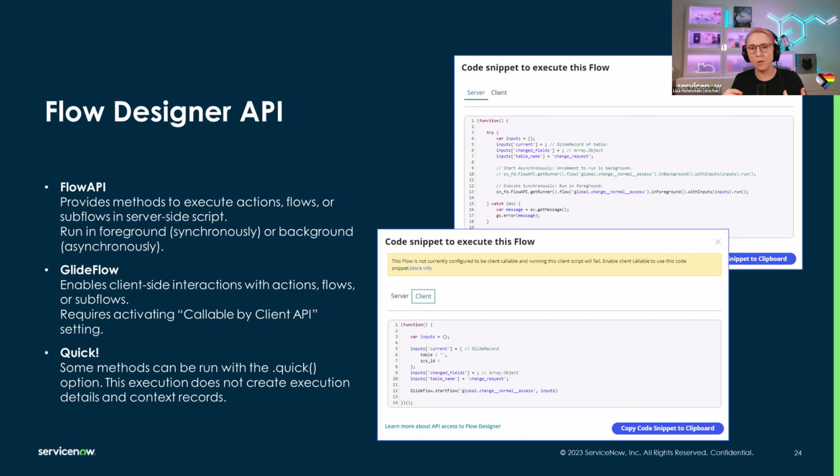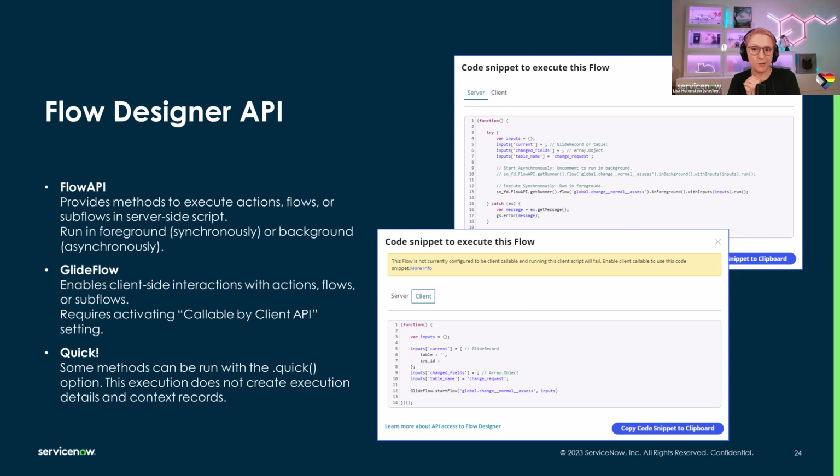So you will still know that the flow ran, but it won't create any of the execution details and thus be a lot faster. One niche use case where this could be used is if you want to run a small, this is important, small subflow or an action from a before business rule.